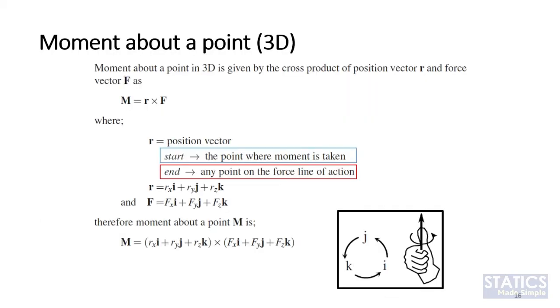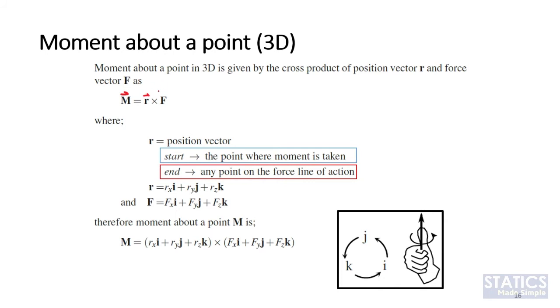Next, we'll be moving into moment about a point in 3D. In 3D form, just like what I mentioned earlier, the order of operation is very important. Why is it very important? Because we know that moment is a vector quantity. We have your distance D in the form of vector r. Our position vector is also a vector quantity.